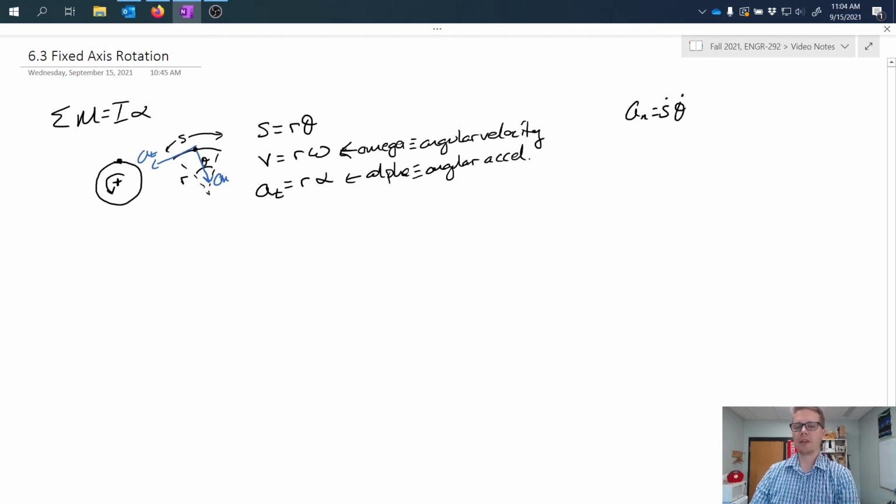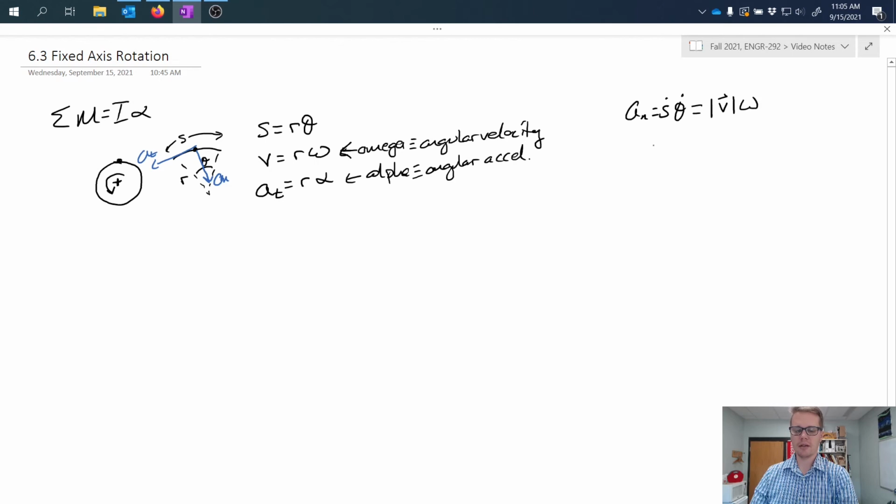Remember that the dot notation indicates a time derivative. So we're seeing a time derivative of our position along the arc, and the time derivative of our angle. Position along the arc we can think of as the magnitude of our velocity vector, and theta dot is just angular velocity. From right over here, we see a relationship where v, which, since I've not written it as a vector, is the magnitude of the velocity, is equal to r omega.